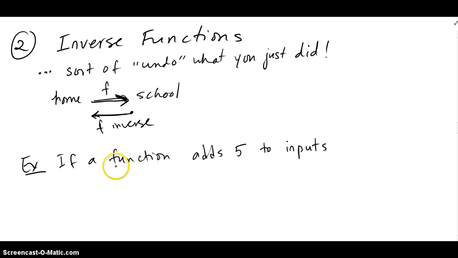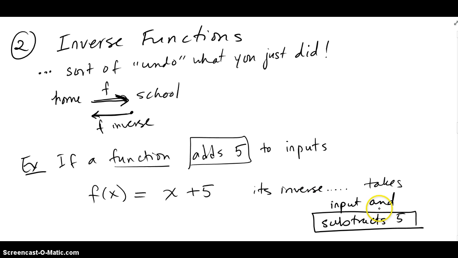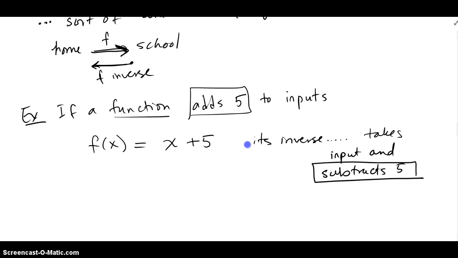For example, let's say a function adds 5 to its inputs. So f of x, a function, will take its input x and add 5 to it. Its inverse would have to do the opposite. So its inverse takes the input and subtracts 5 because it has to undo what was done here.